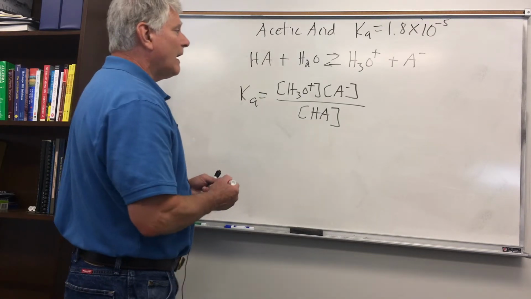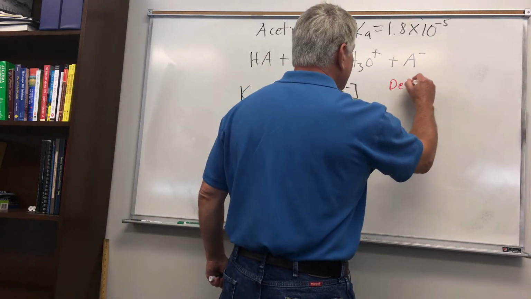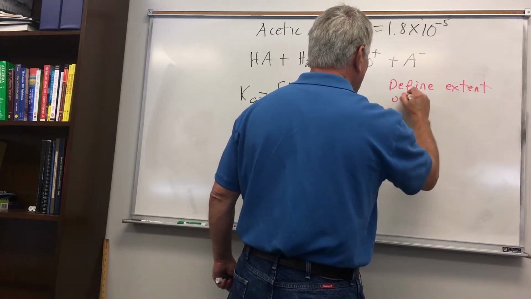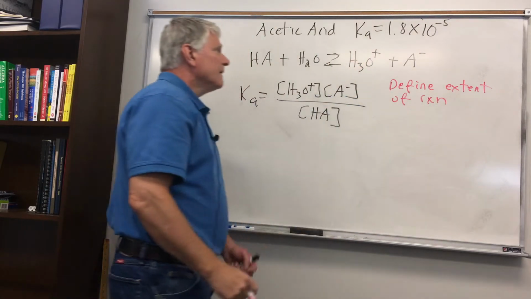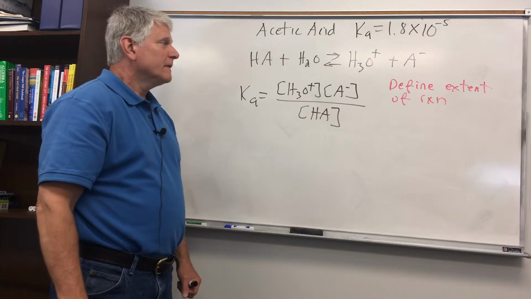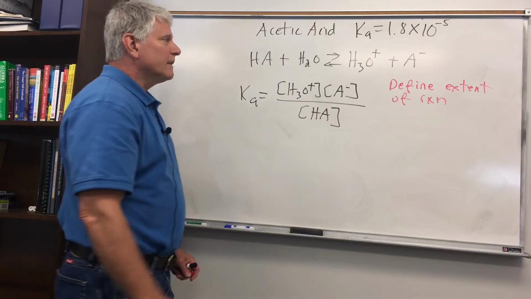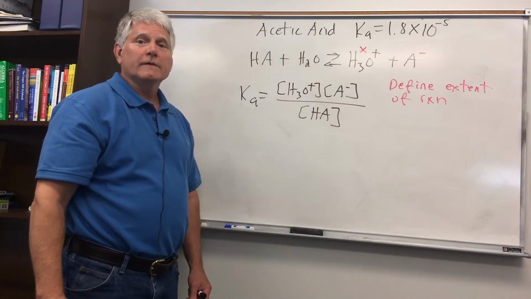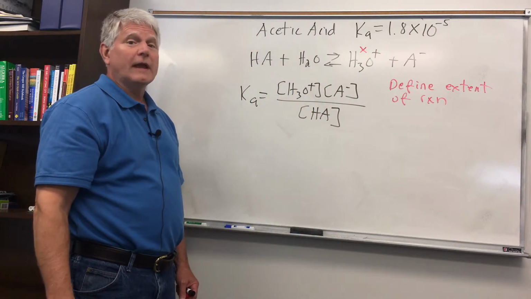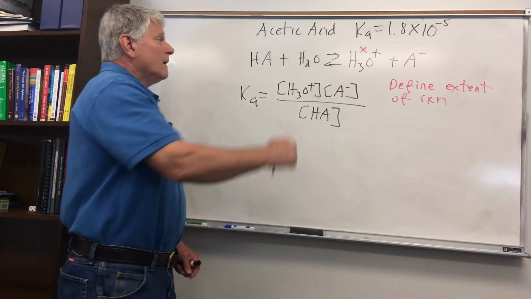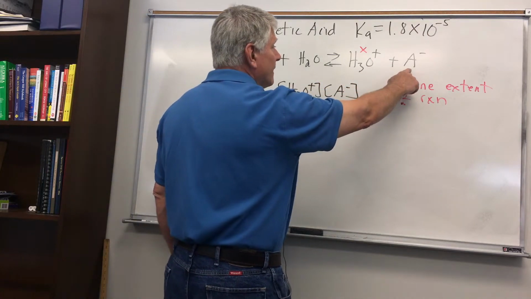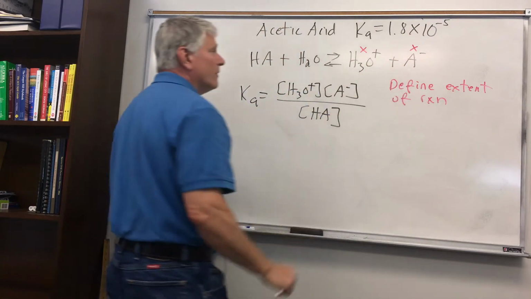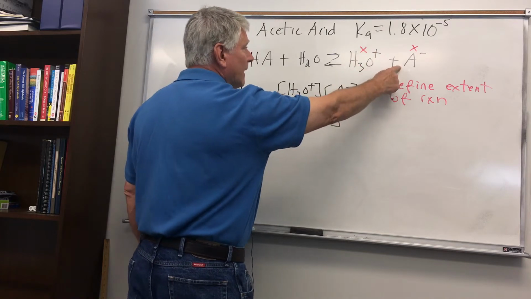We need to define an extent of reaction. And for these weak acids and bases, it's usually the most convenient to let X be the amount of H3O+ that has been formed in the reaction. Then the concentration of A minus is also X, because there's a 1-to-1 ratio between H3O+ and A minus.